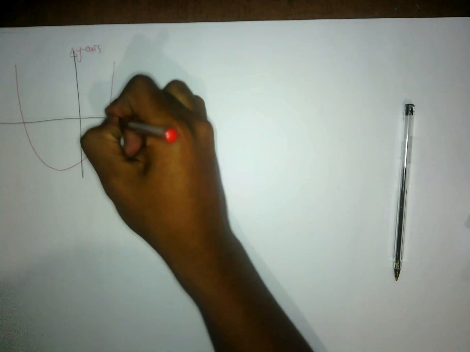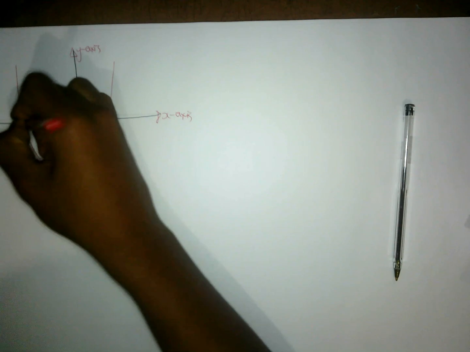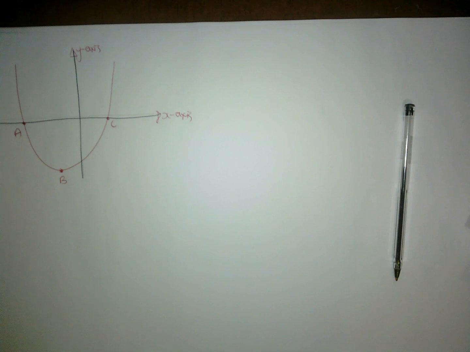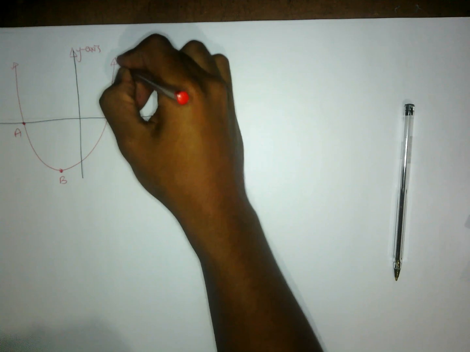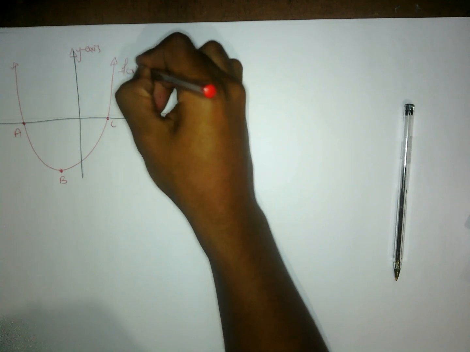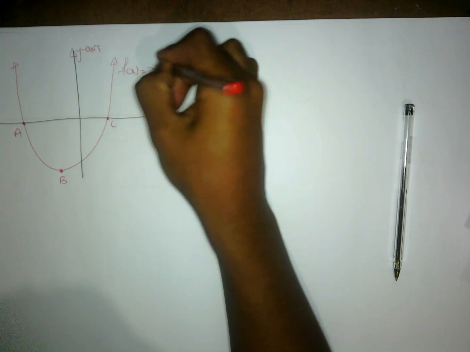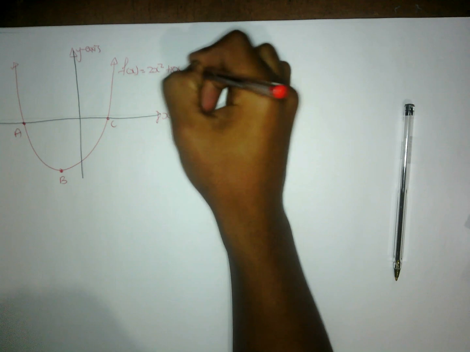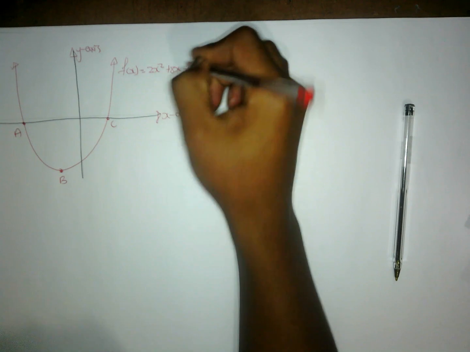This is point C. This is point A. This here is point B, our turning point. The name of this graph is f of x equals 2x squared plus 8x minus 10.